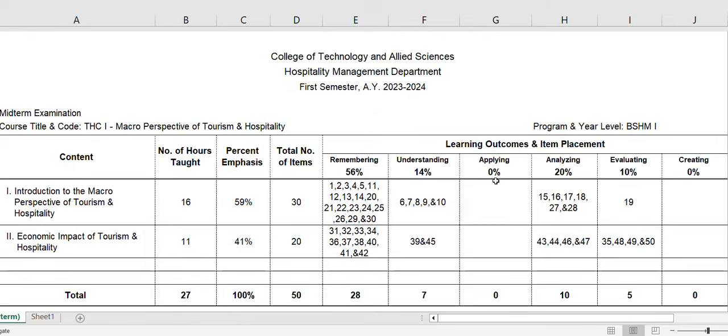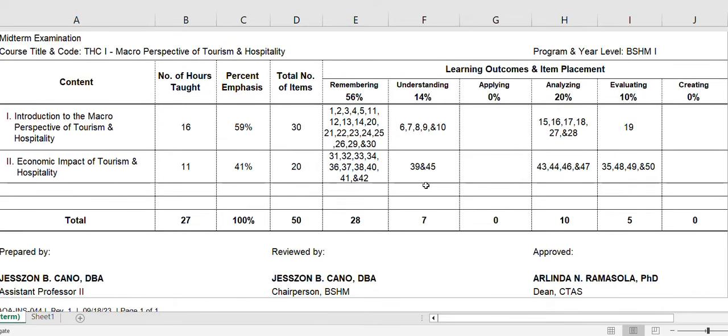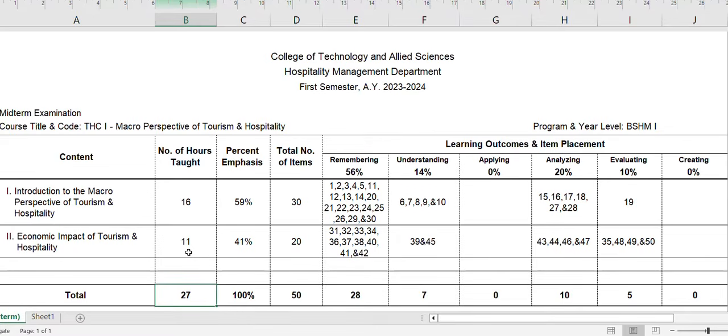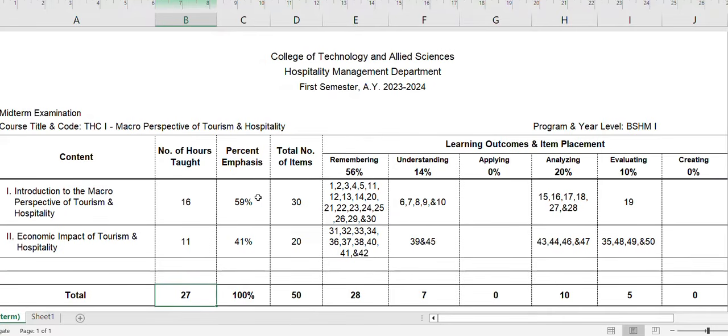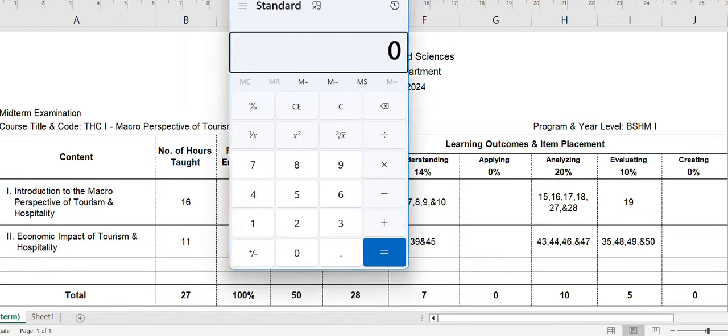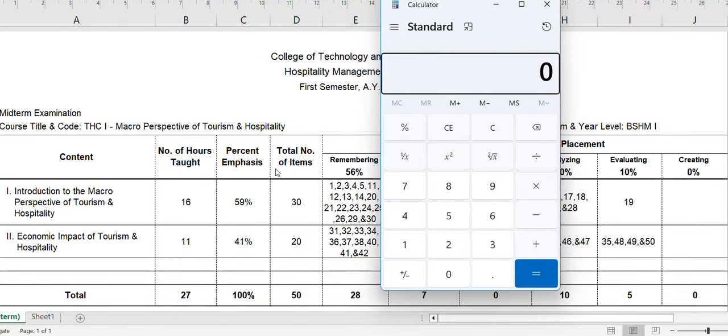So first thing that we need to check here is the total number of hours taught. For my example, in my subject Macro Perspective of Tourism and Hospitality, I have 27 hours here. So where did I get the 27 hours? The macro perspective is only a lecture, so it means that it is only 3 hours per week.